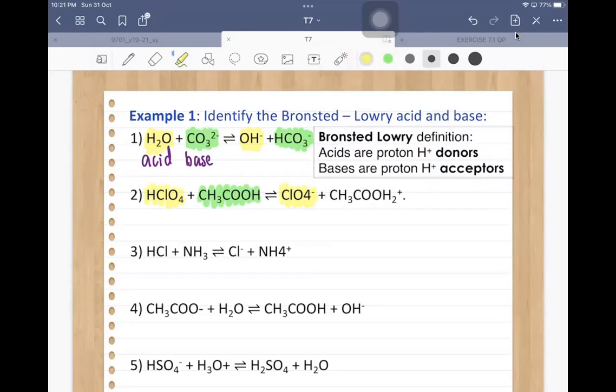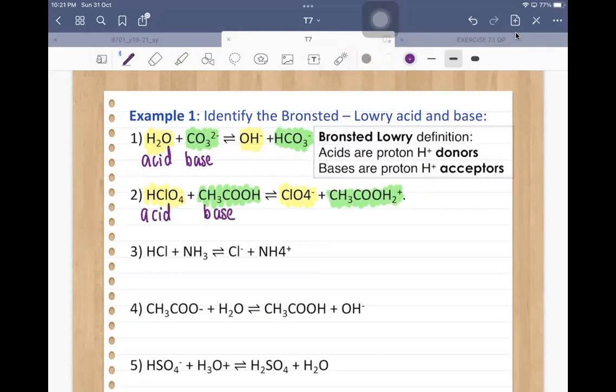We have lost a proton there. Whereas the CH3COOH now has an extra hydrogen, an extra proton. That means HClO4 must have been an acid, and CH3COOH was your base.